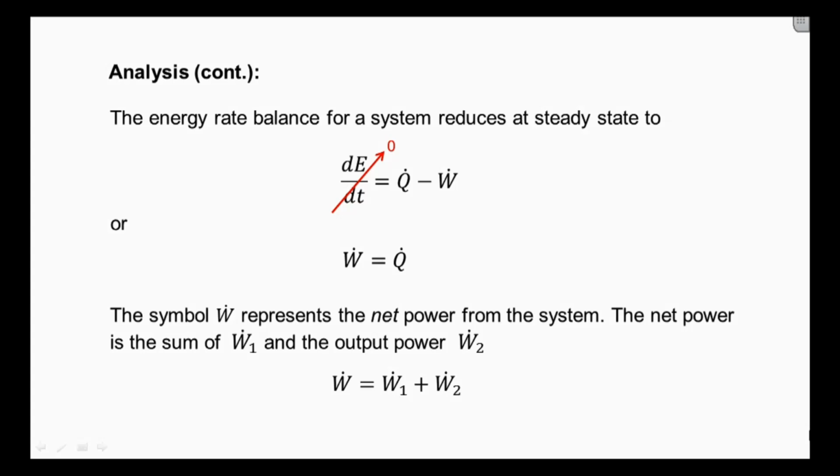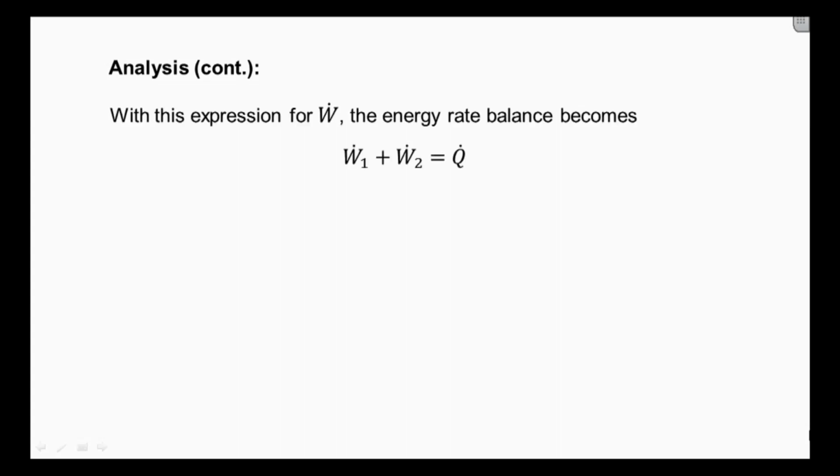The net power is the sum of the input power W1 dot and the output power W2 dot, as shown here. With this expression for W dot, the energy rate balance becomes W1 dot plus W2 dot equals Q dot.